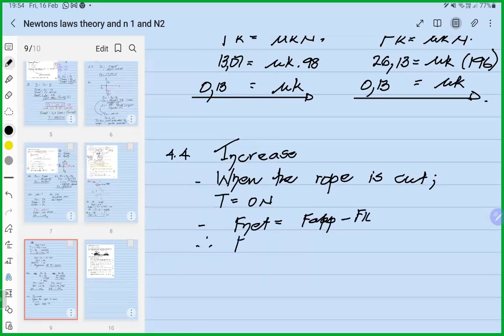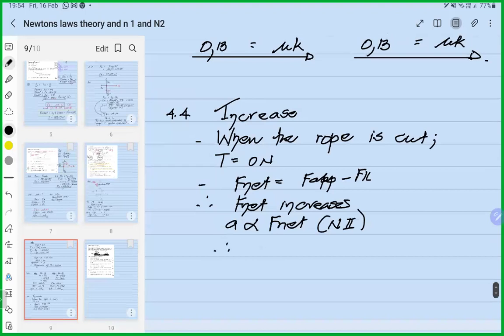Therefore, F net increases. Then you need to tell the examiner that your acceleration is directly proportional to your F net from Newton's second law. Therefore, A increases. That would definitely give you the full 3 marks. I don't think they would have a better explanation than that, even in the memo.